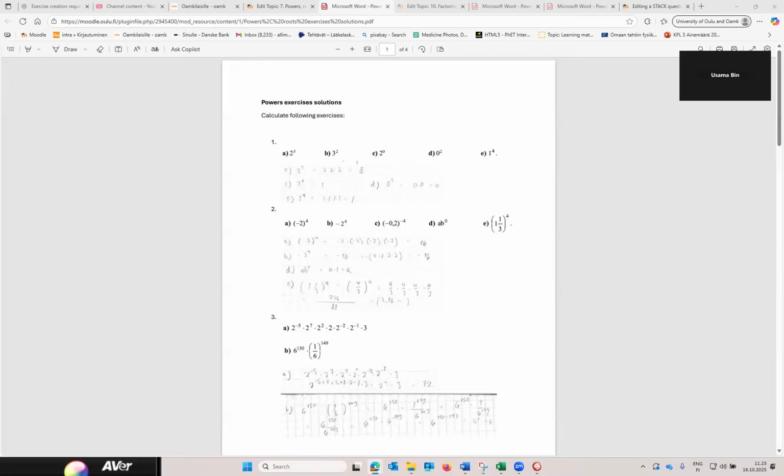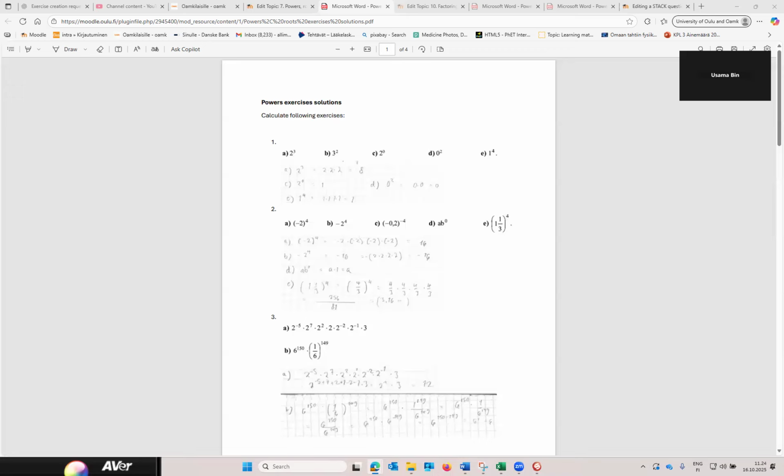Because I know that the square root of x is x in the power of half. Or a cube root of x, the cube root of x is x in the power of 1/3.